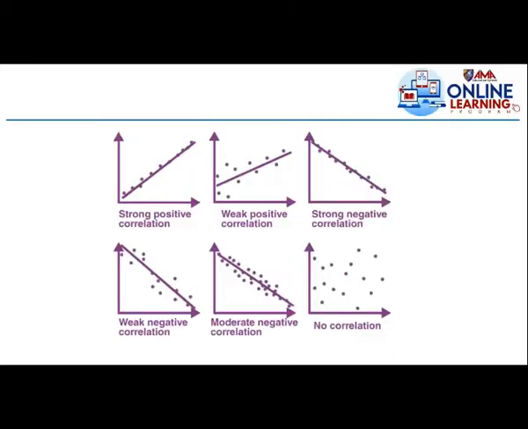Now, these are the graphical representations of different correlations. So yung strong positive correlation, as you can see, yung mga data points, yung X and Y are very close to the line. This line is called the ideal correlation line or the regression line.